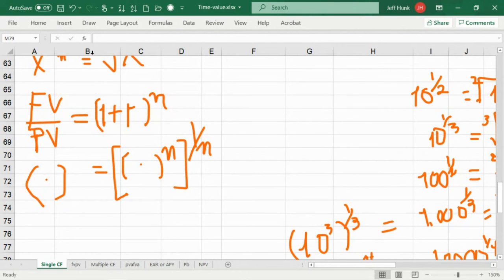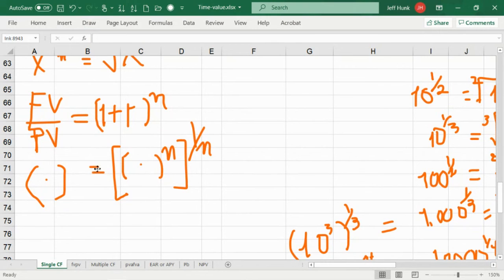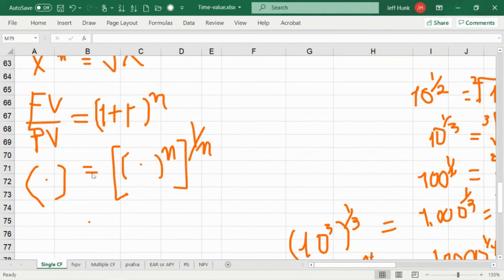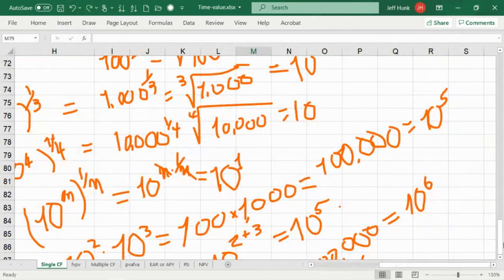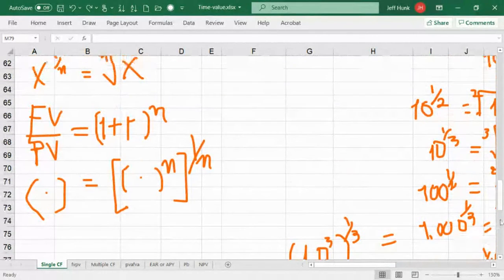Equal is a very important thing, because when there's an equal sign in between, it's like a balance, right?